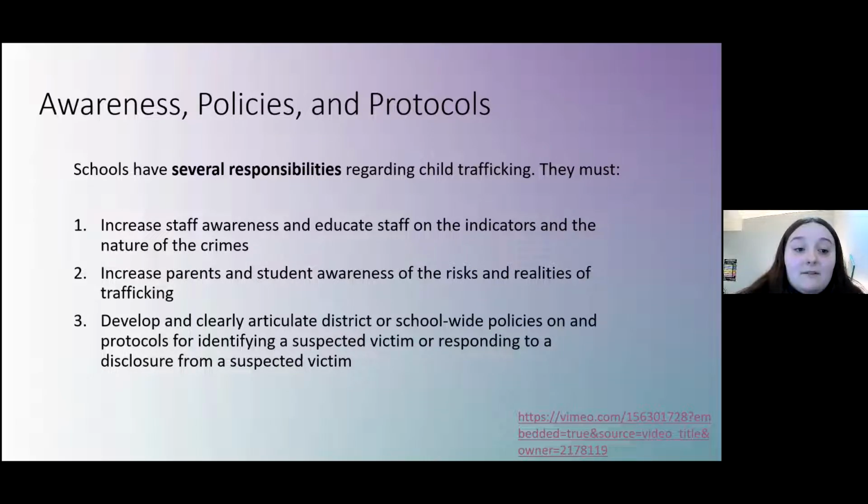And third, develop and clearly articulate district or school-wide policies and protocols for identifying a suspected victim or responding to a disclosure from a suspected victim. Training on risk factors for vulnerable children, the signs and indicators of exploitation and trafficking, and the victim-centered approach should be provided to all staff working with students.